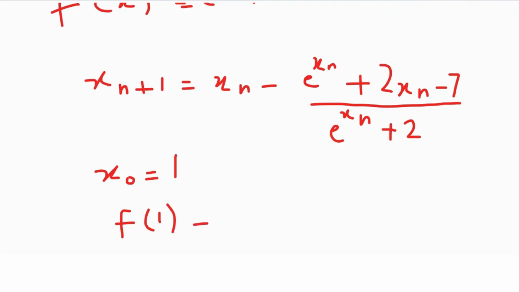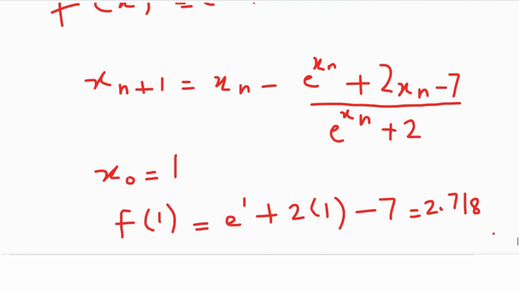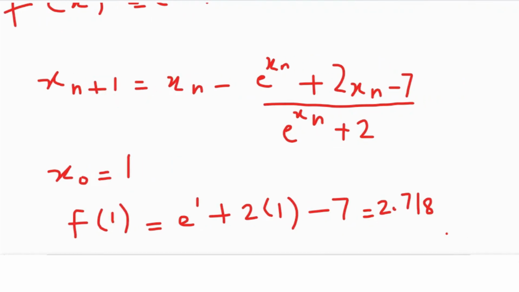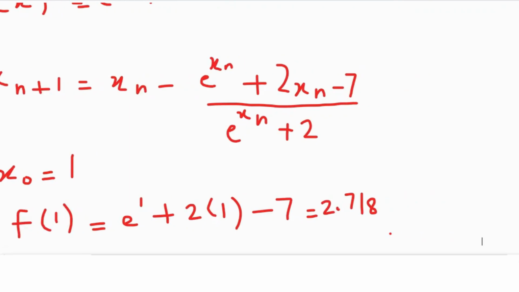It would become e to the power 1 plus 2 into 1 minus 7, and it's going to become 2.718 plus 2 minus 7.